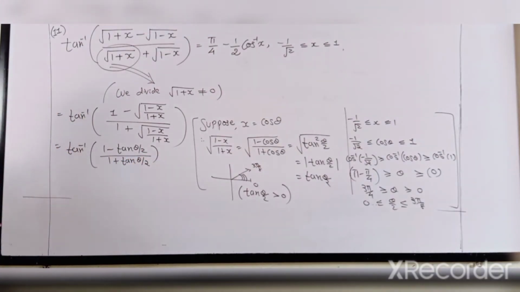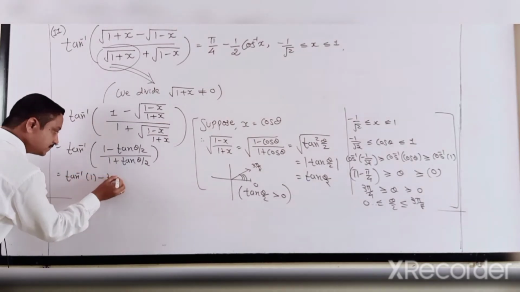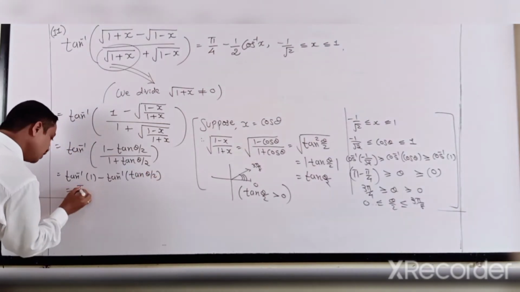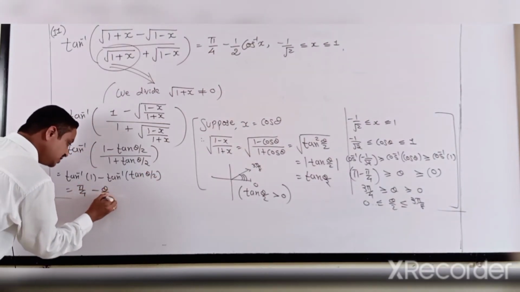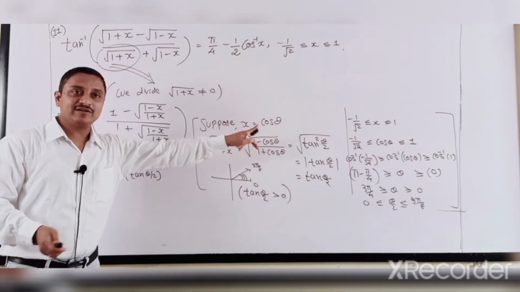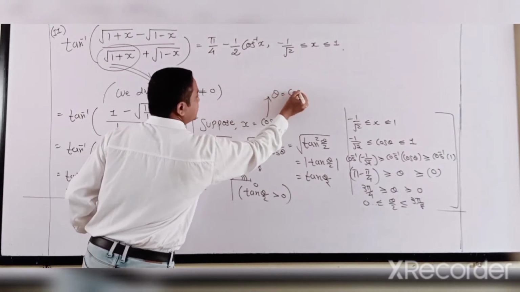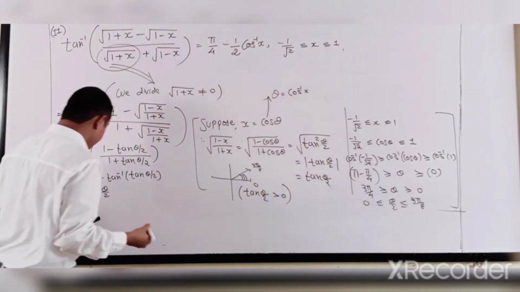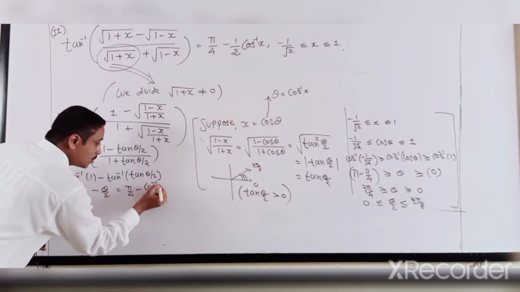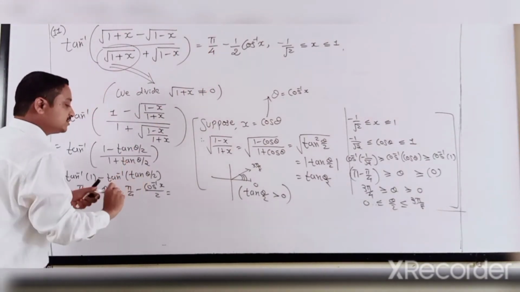After this, students, this is the condition. tan inverse 1 minus tan inverse tan theta by 2. It is π/4, and here theta by 2. Now done. Theta I already assumed, so what is theta? Cos inverse x. Then my answer is π/4 minus (cos inverse x)/2, and check. That is my RHS.